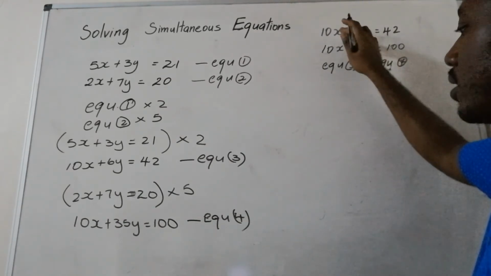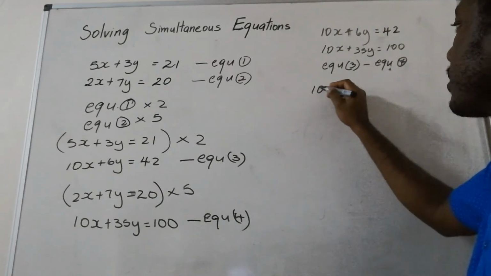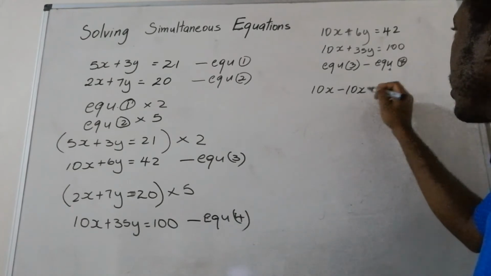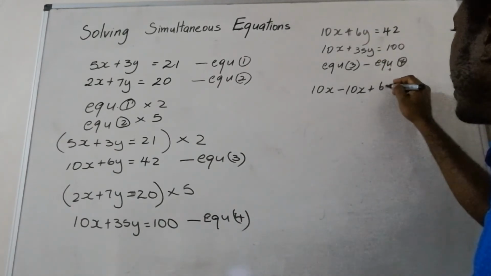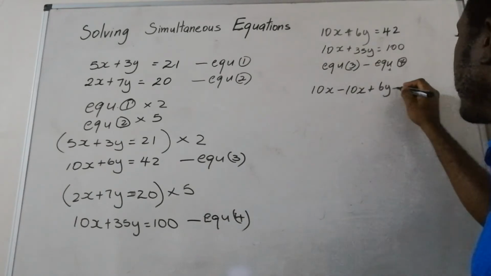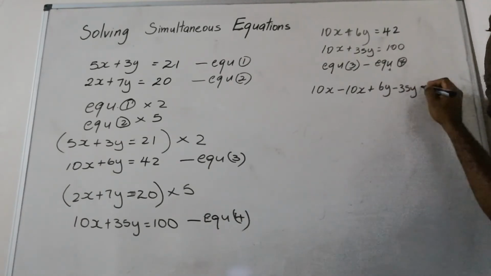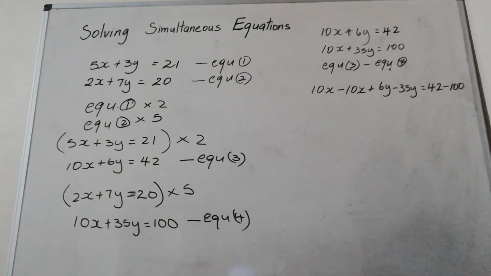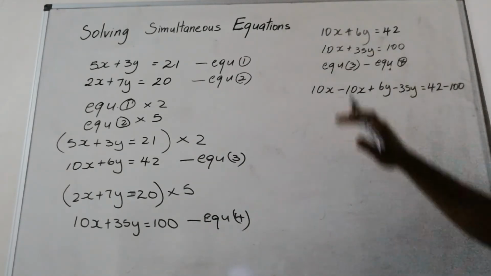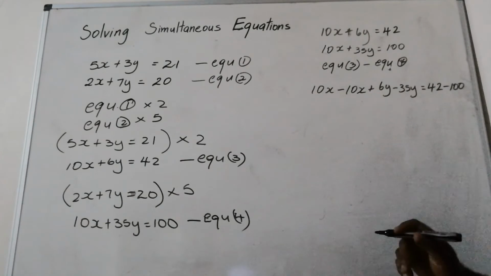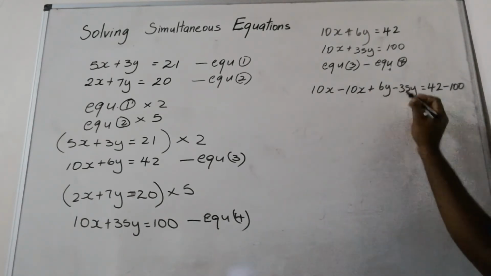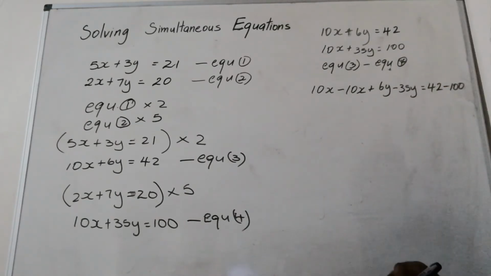So we have equation 3, which will be 10x minus 10x plus 6y minus 35y is equal to 42 minus 100. All right? So we subtract equation 3 and equation 4. So that will give us, this will give us 0. So we have 6 take 35.